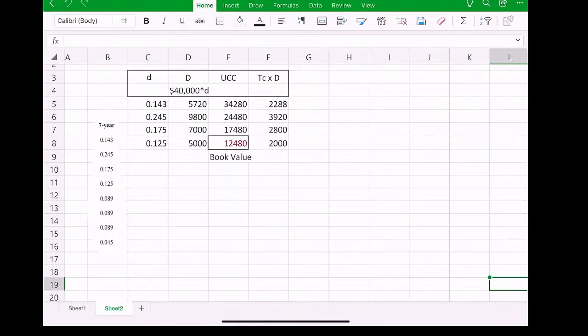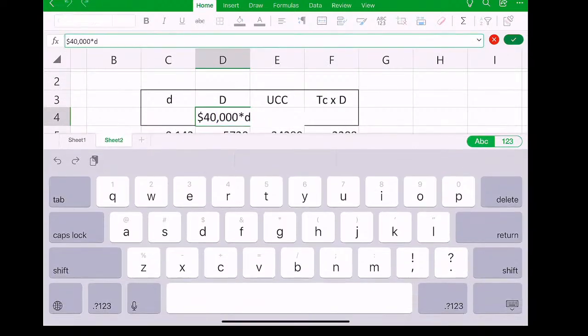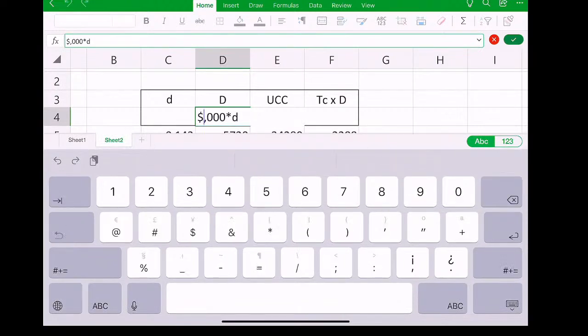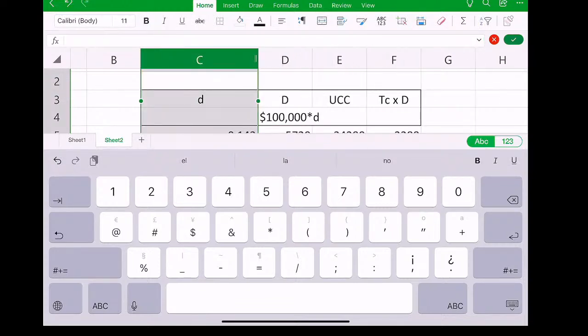I'm going to change, actually all I need to do, is change this to 100,000. And then maybe make the columns bigger.